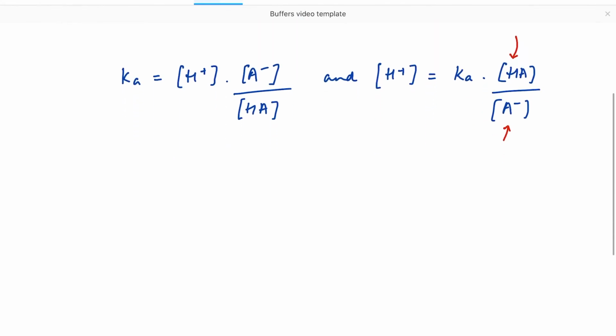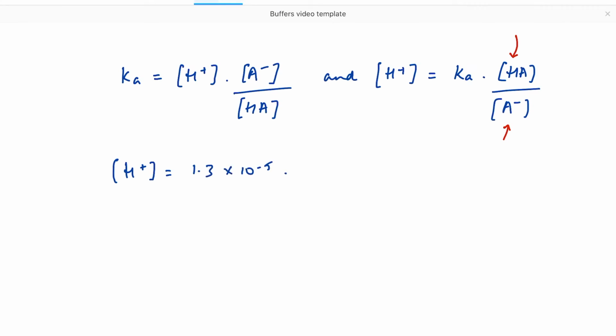Okay, so this becomes nice and straightforward. H plus is equal to the Ka, so that's 1.3 times 10 to the minus 5, multiplied by HA, 0.1, over A minus. Make sure we get these the right way around. And when you plug that into your calculator, it comes out at 2.6 times 10 to the minus 5 mole per decimeter cubed.